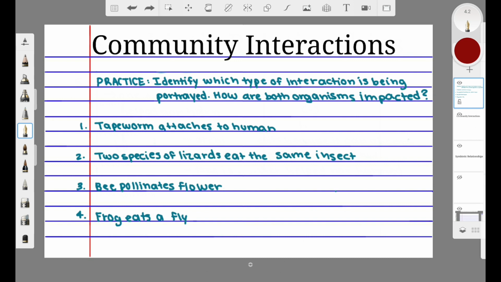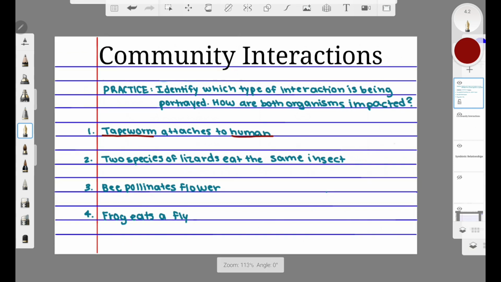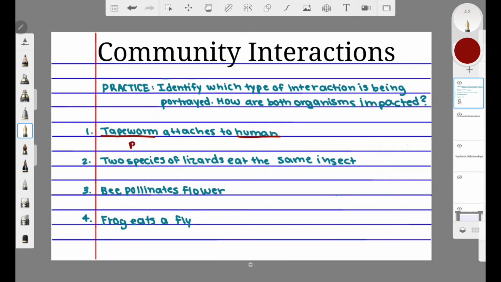Alrighty, number 1. The tapeworm has attached to human. So tapeworms are parasites. The human is the host. So this is an example of a parasitic relationship.